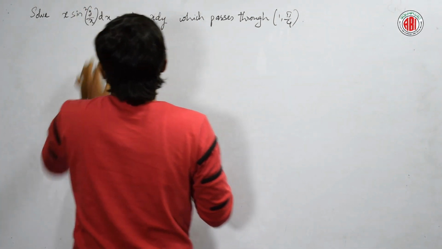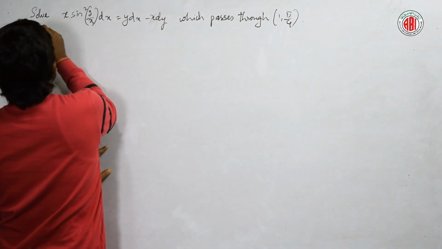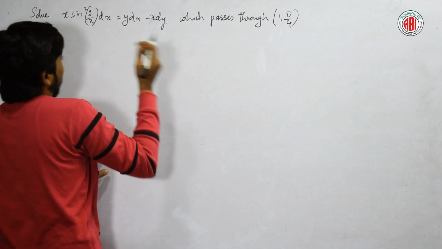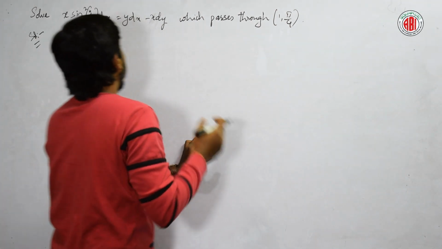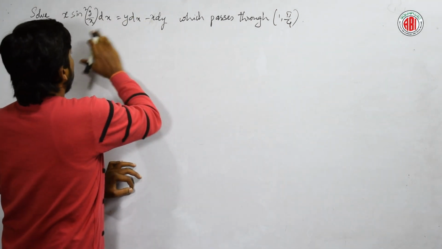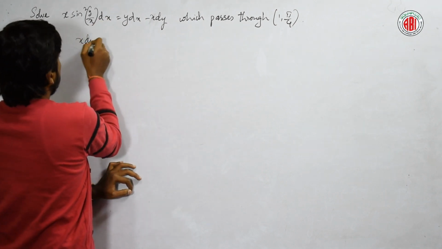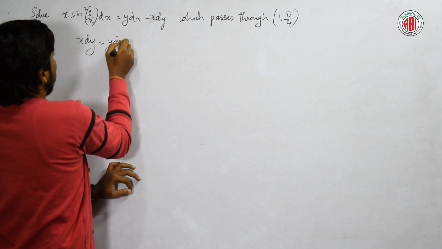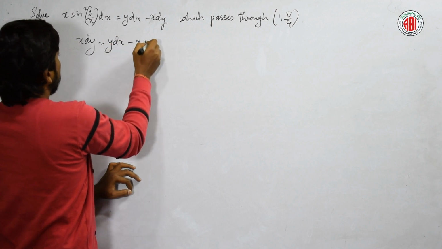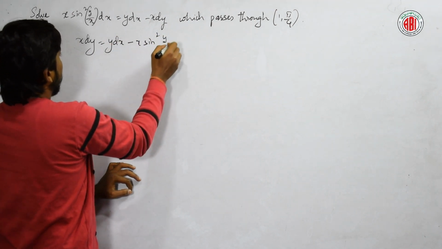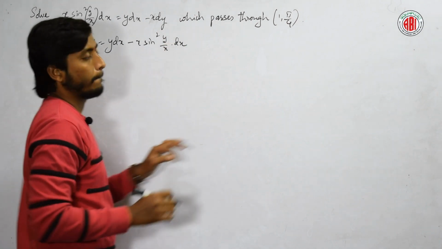First let us solve this. First let us simplify this in order to write in the form of dy by dx. Right. Now see here, bring this term this side and x dy that side. That will be x dy is equal to y dx minus x sin square (y by x) dx. Is it?